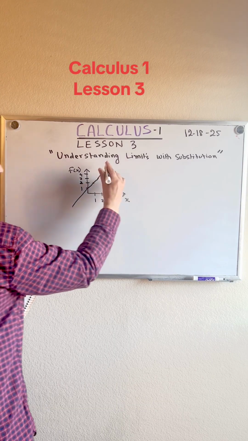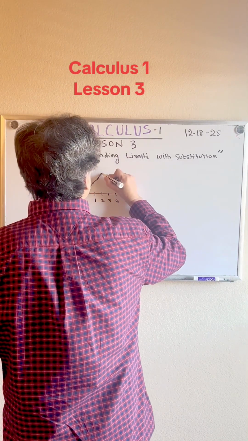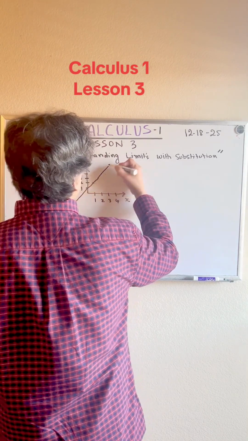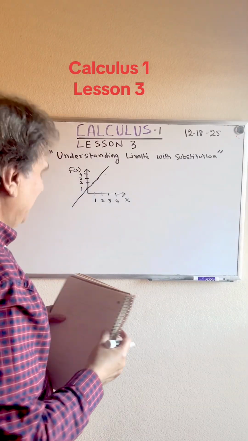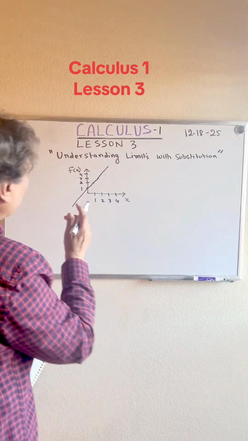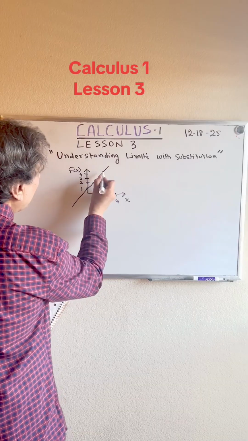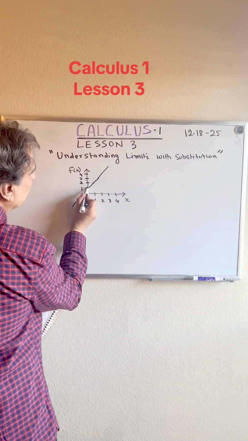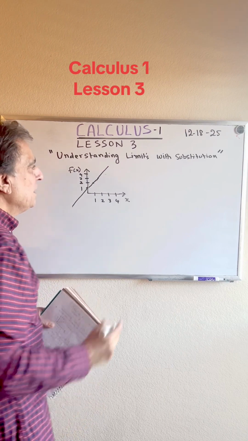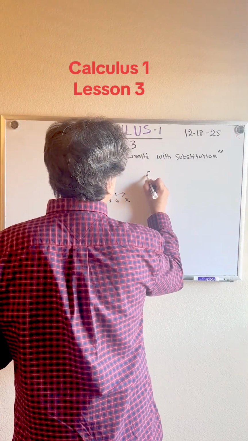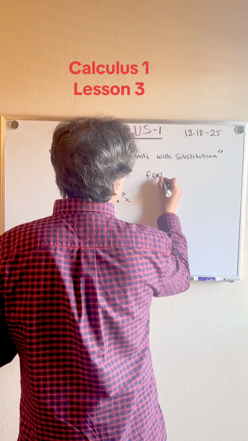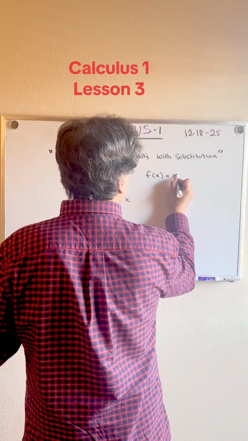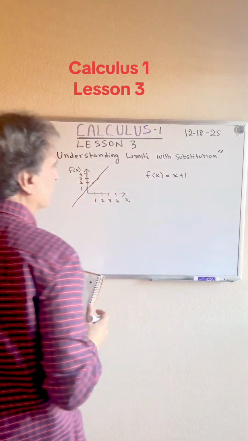All right. I'm not a good artist, but I did my best. So basically, as you can see, this line is crossing the y-axis, or function of x, at this position right here. So then the function of x would be equal to x plus 1. Okay.